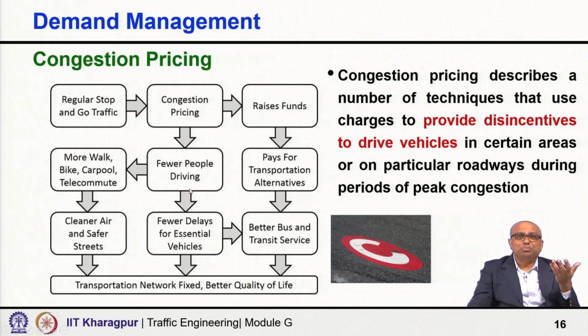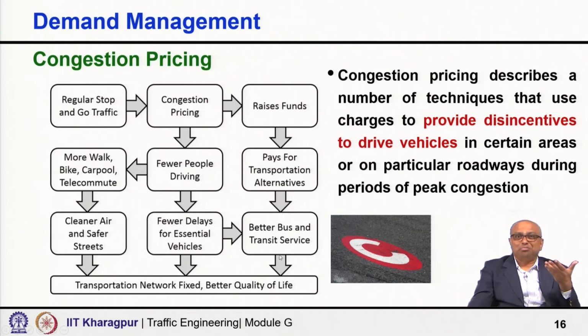And because fewer people are travelling, there will be fewer delays for essential vehicles also, because the road is not so congested, the incidents or the recurring congestion is also not happening the way it used to happen. So, there will be fewer delays for essential services, and whatever funds you are getting, you put towards transportation alternatives, to make transportation better.